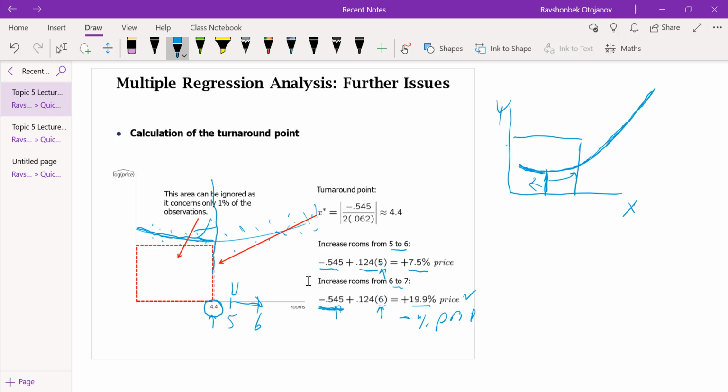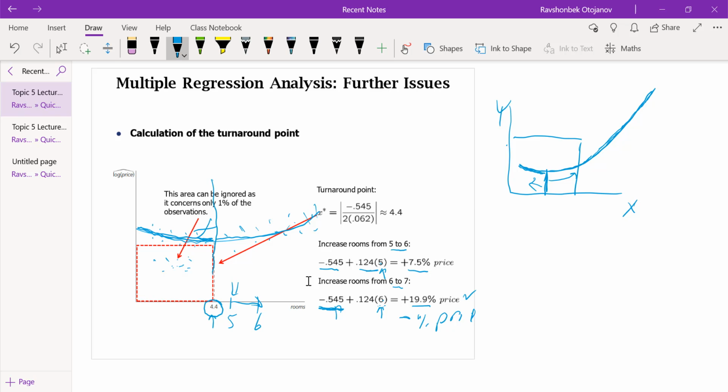This is because there are fewer houses with a small number of rooms, like 2-bedroom, 3-bedroom and 4-bedroom. As a result, this part of the fit is not good. So we will be focusing on this part of the fit, and for prediction purposes we'll be dealing with numbers of rooms greater than 4.4.